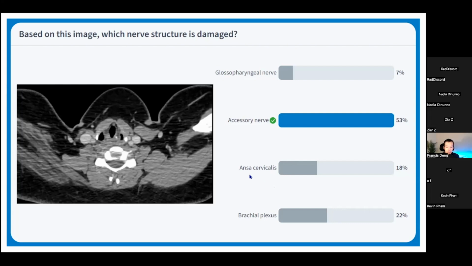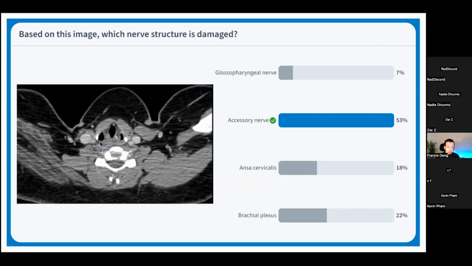The ansa cervicalis is a network of nerves that are derived from the upper cervical nerve fibers that innervate other neck muscles like the scalenes, but those are not shown to be atrophied in this case. Some people might have noticed that there is asymmetric enlargement of the right piriform sinus.